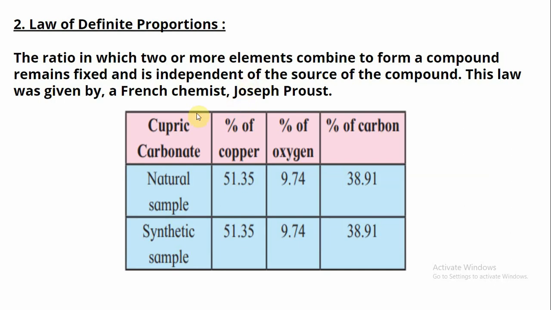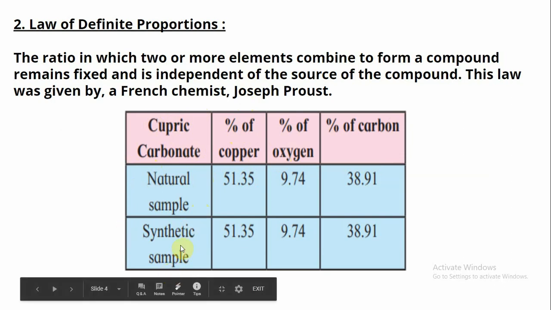Here we are seeing an image, the example of cupric carbonate, with the percentage of copper, percentage of oxygen and percentage of carbon. Here we see a natural sample of cupric carbonate and a synthetic sample. Natural means it is naturally occurring, and synthetic means it is prepared in a chemical lab.